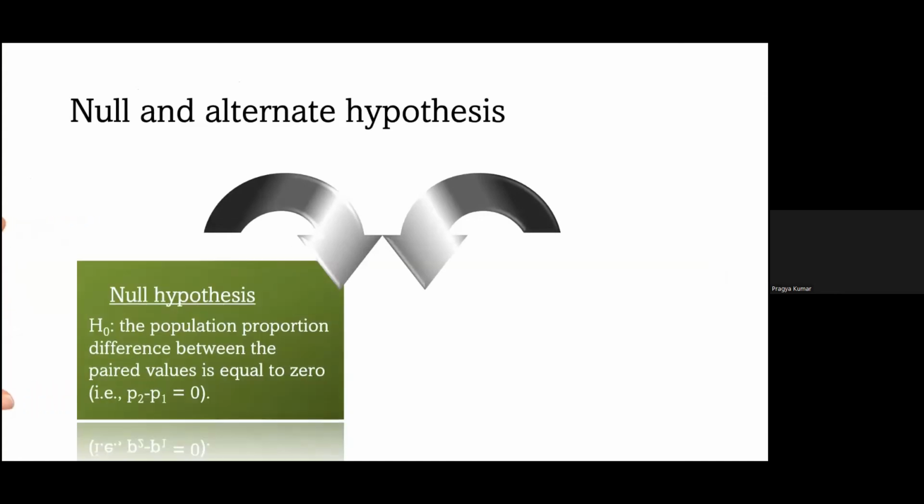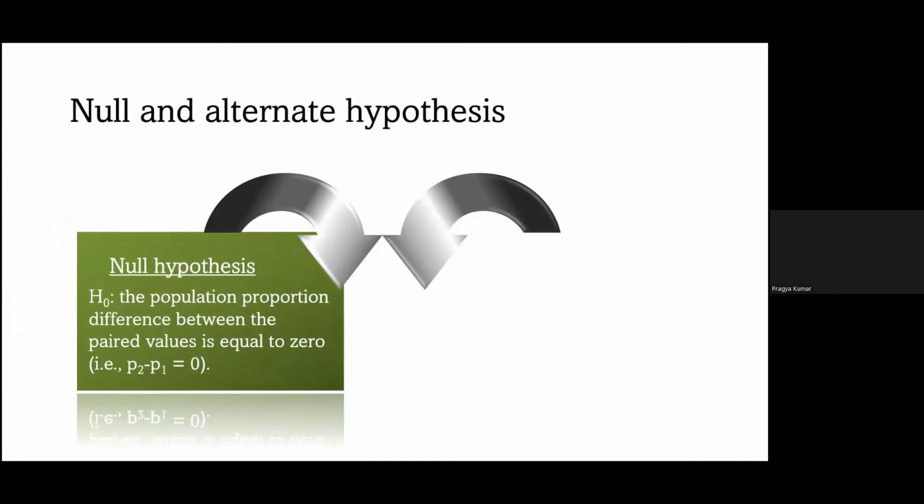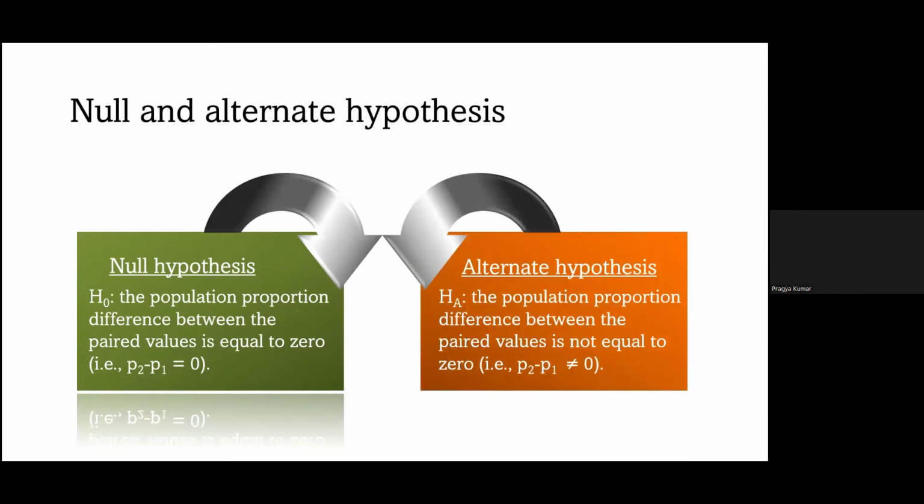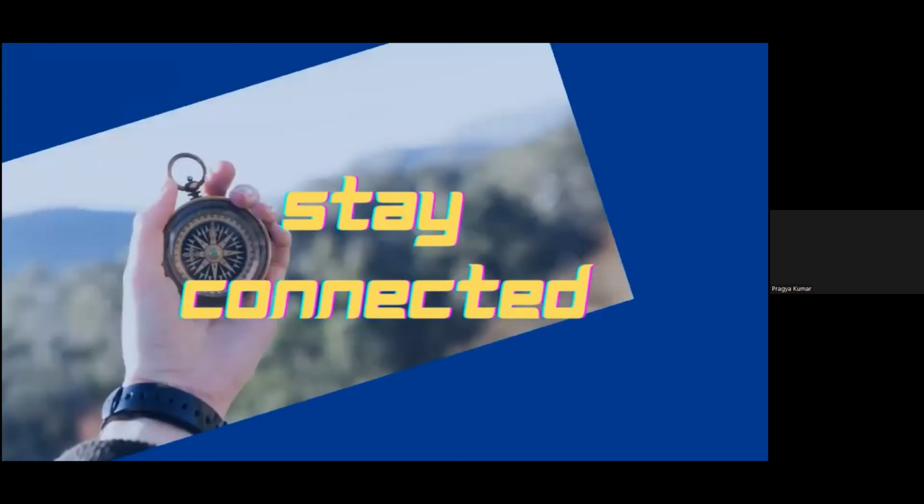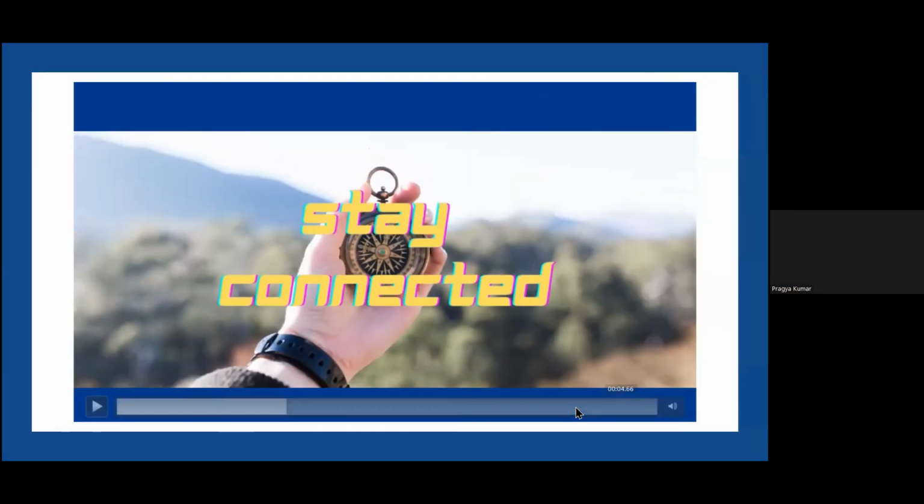The null hypothesis in this case is that the population proportion difference between the paired values is equal to 0, whereas the alternate hypothesis states that the population proportion difference between the paired values is not equal to 0. So let's see how we can apply this test.